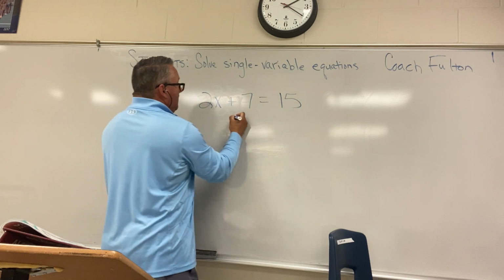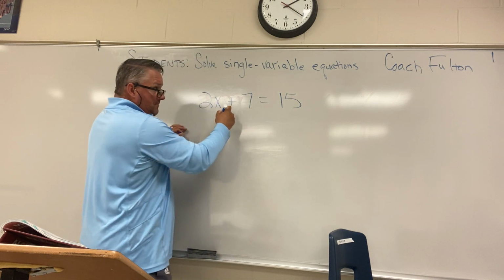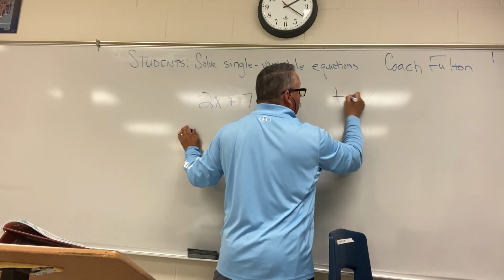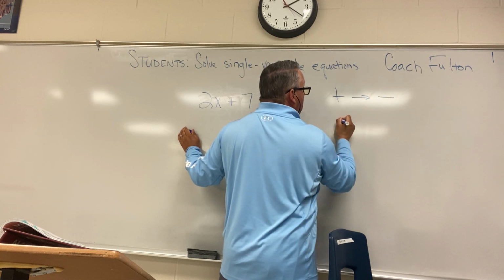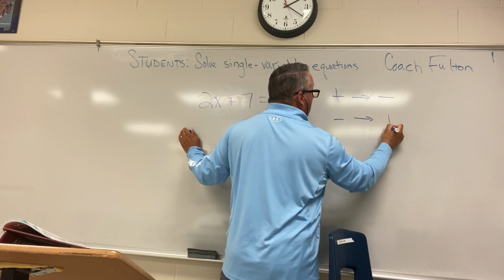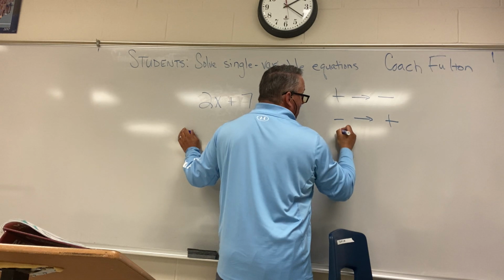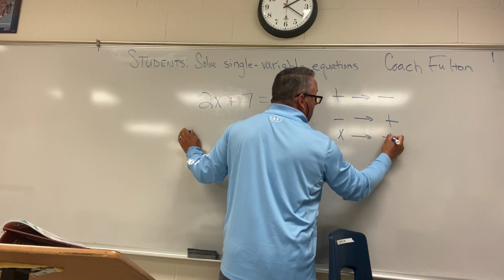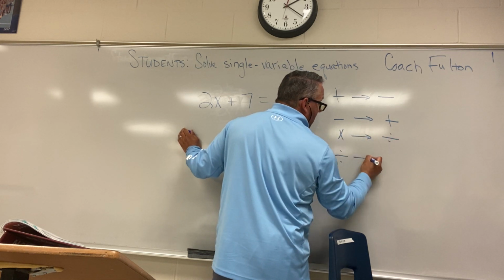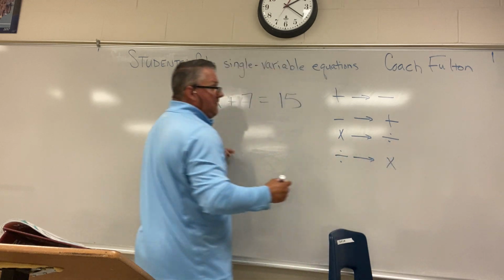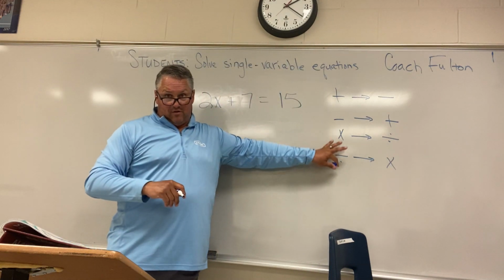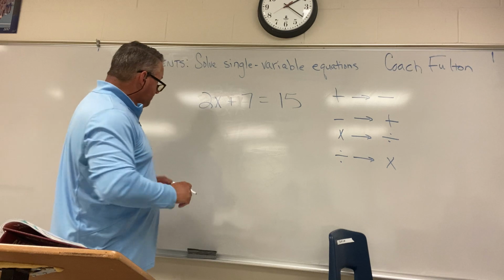That's the goal. If you remember all the inverse operations, plus becomes a minus, minus becomes a plus, multiply becomes a divide, and divide becomes a multiply. These are all of our inverse operations that we use in math.